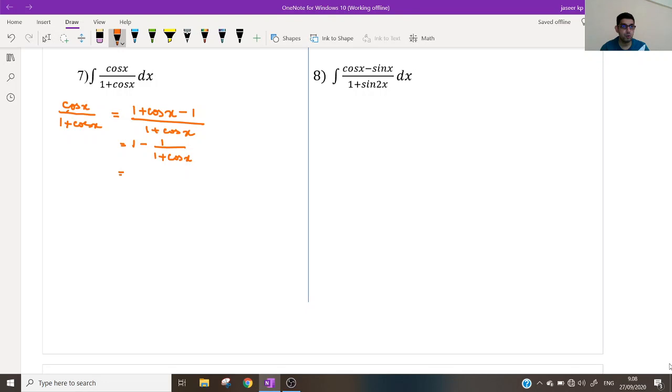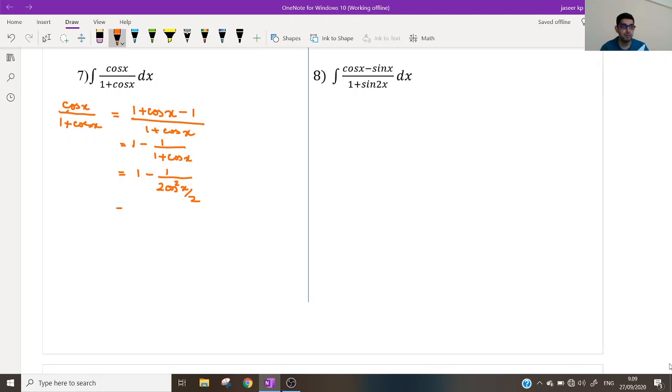Using the cos 2x formula, 1 plus cos x can be written as 2 cos square x by 2.